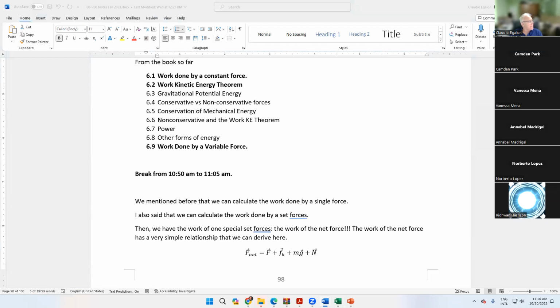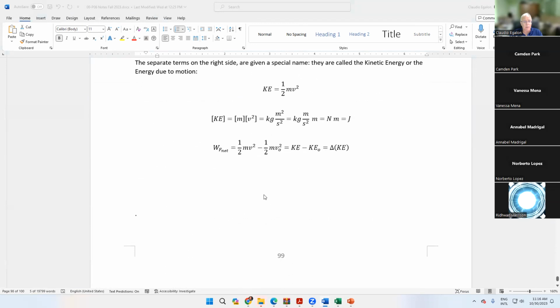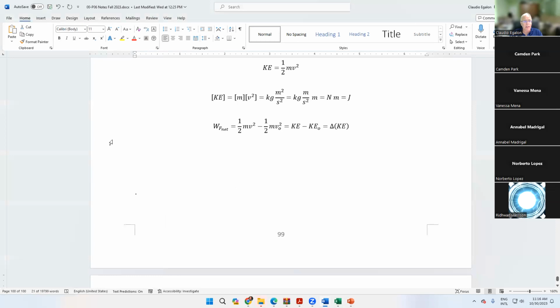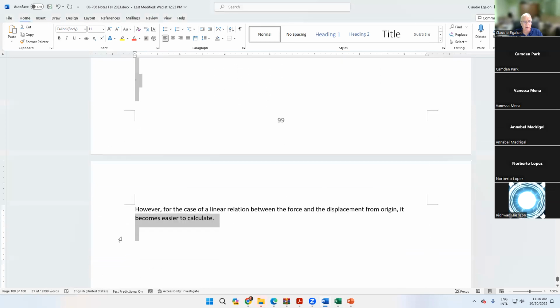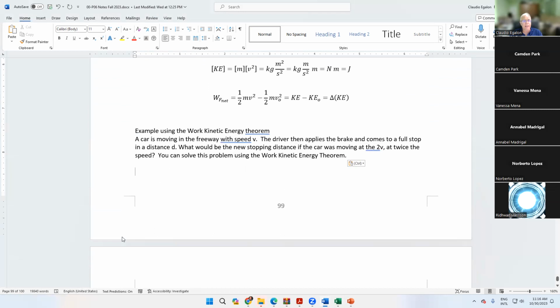I'm going to give you one of the examples. It applies to an everyday situation that we have out there, using the work kinetic energy theorem.